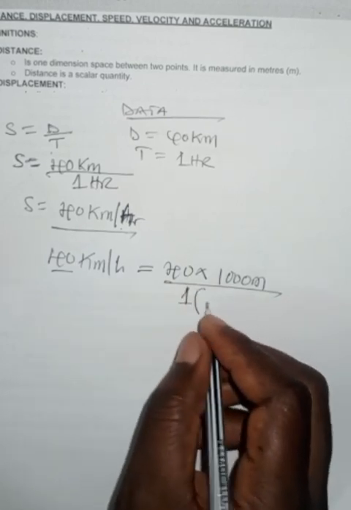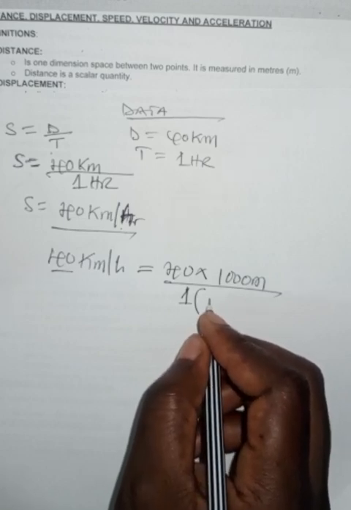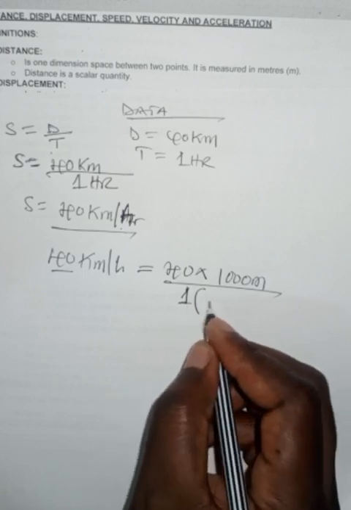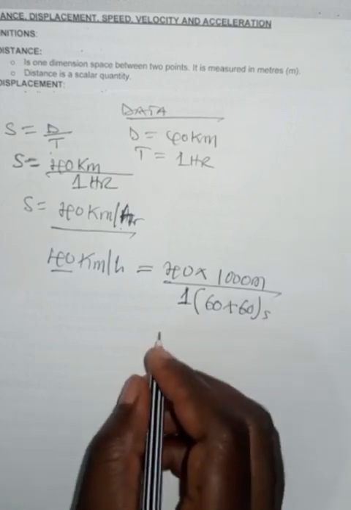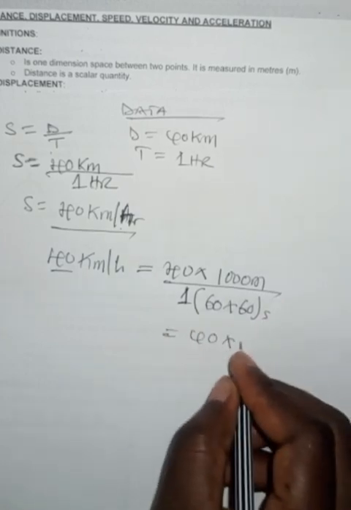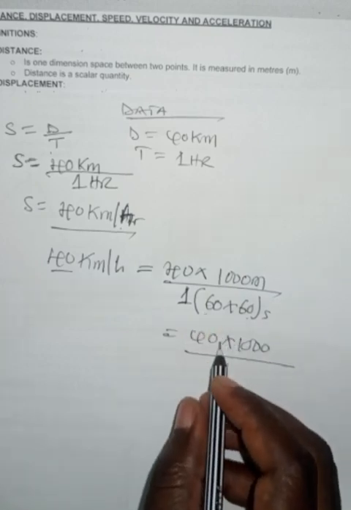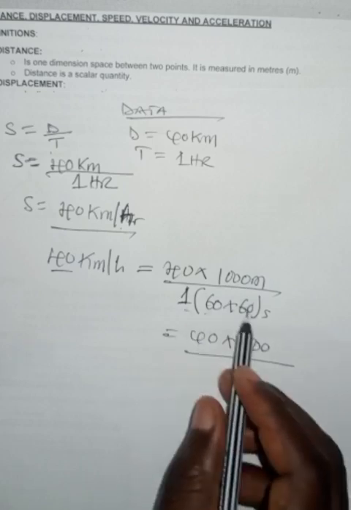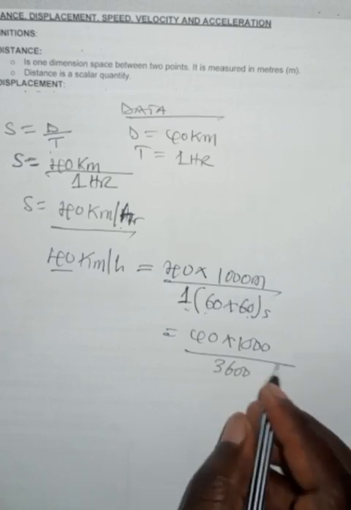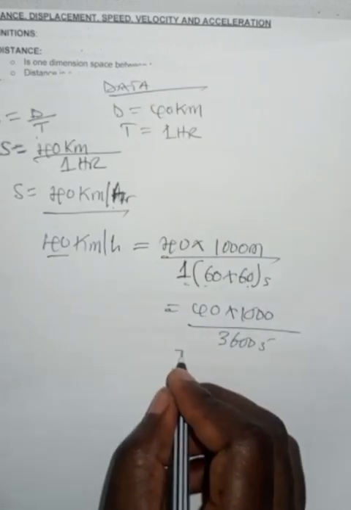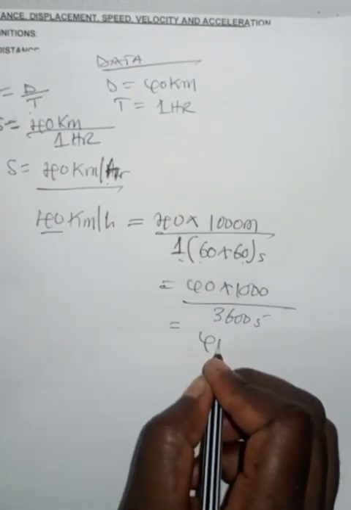This 1 hour can be converted to seconds, because minutes will be 60, so 60 by 60 gives 3600 seconds.